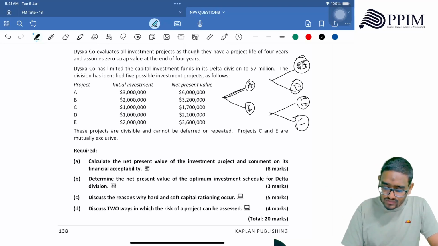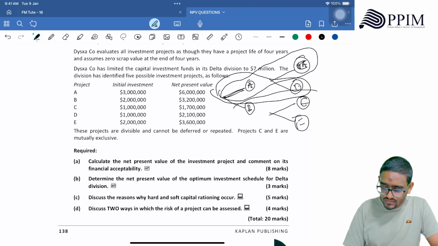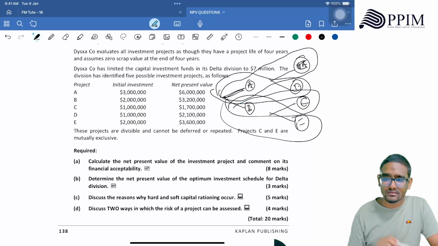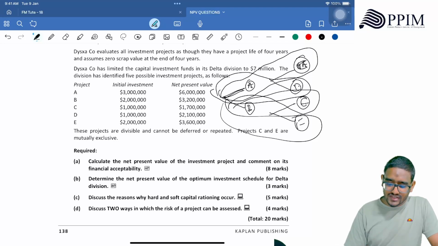So what will happen is your outcome can either be this, can either be this, can either be this, or can either be this. You can have a scenario where in the first year you have only one option, but in the second year you have multiple options.